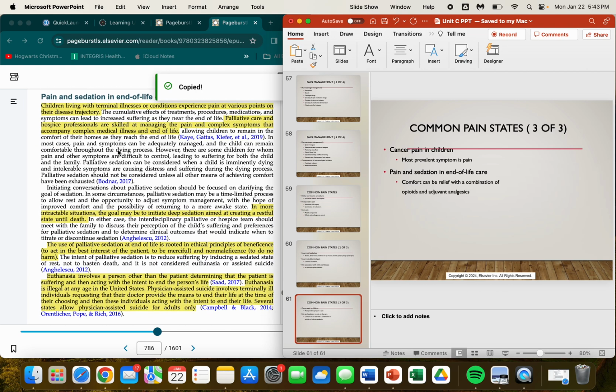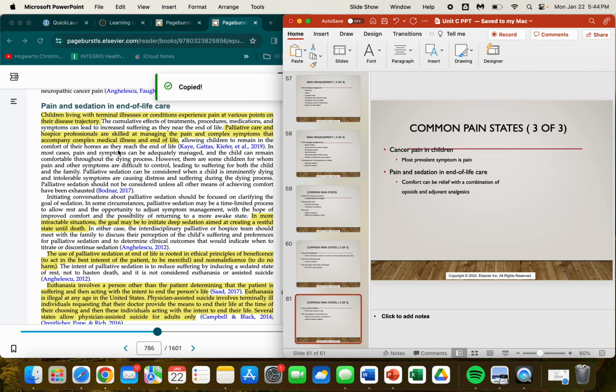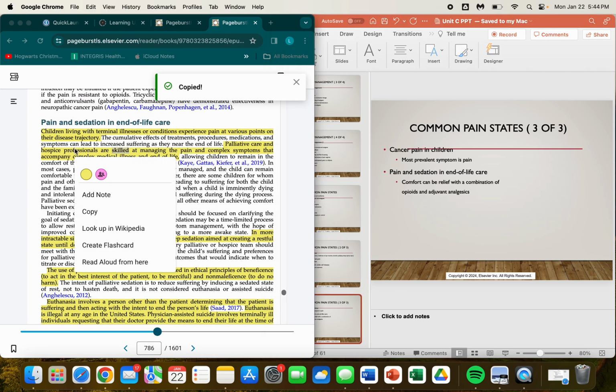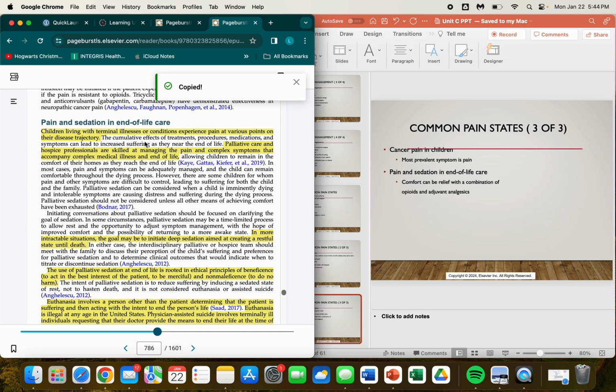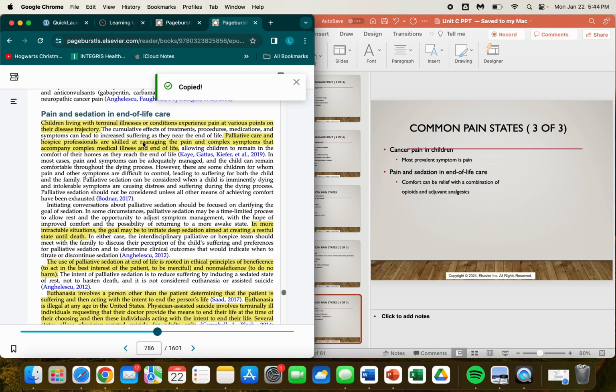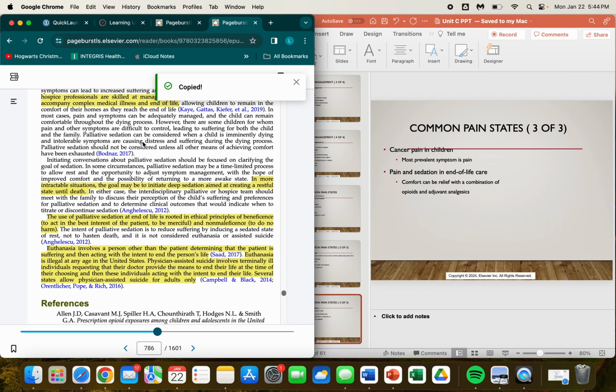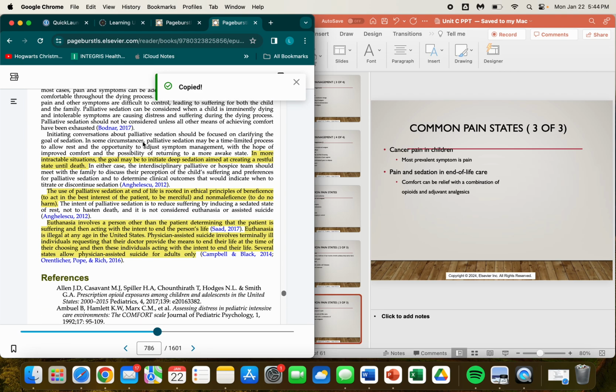So in children with cancer, and those children who are at end of life care or living with terminal illness, obviously palliative care and hospice is something that we would want to consider for these kids. Depending on the situation, use of palliative sedation is something that might be considered at end of life.